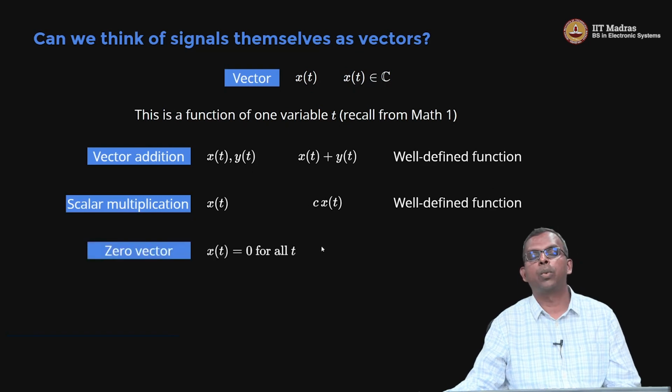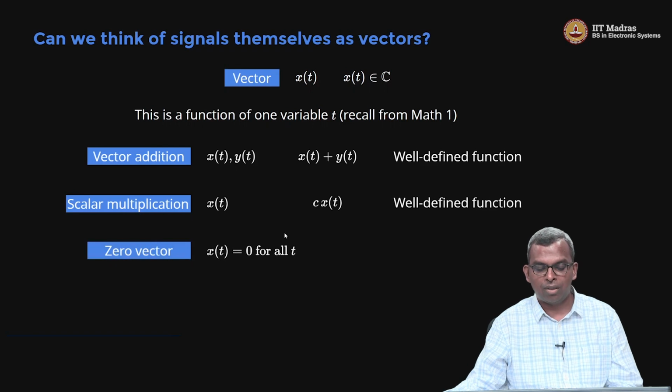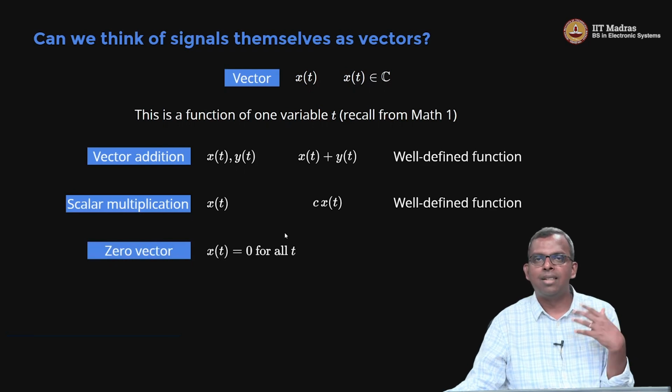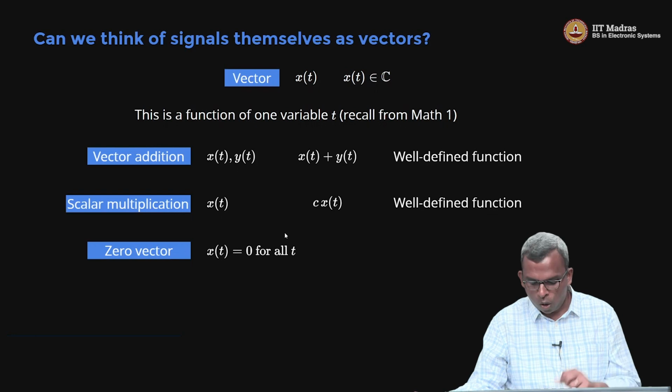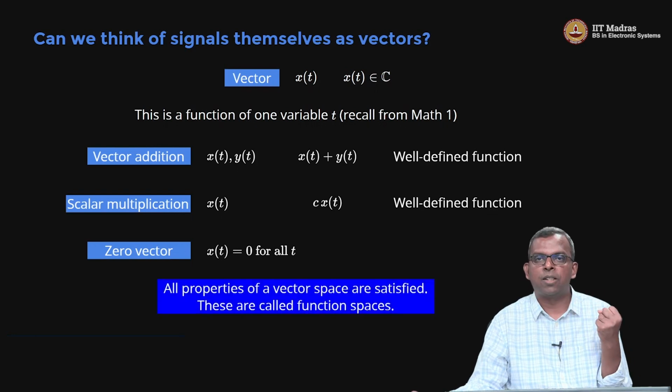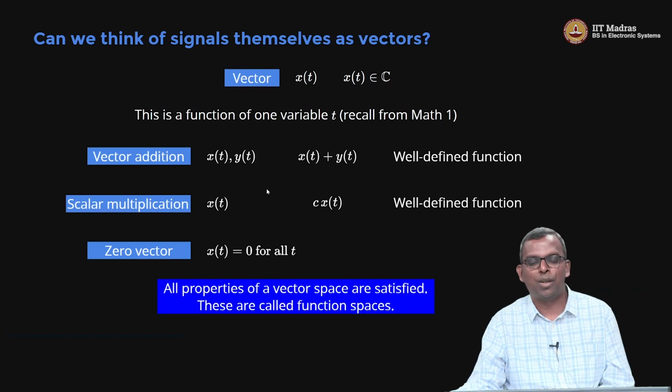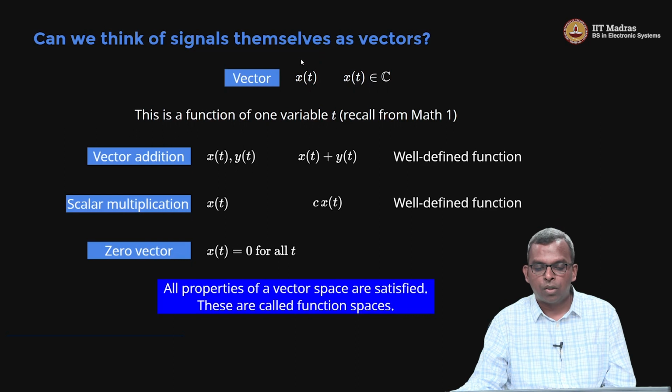And there is also a 0 vector, right. So, the 0 function which assigns 0 for all t is the 0 vector, okay. So, all the properties that you expect from a vector space are easily satisfied. If you want to go axiomatic in your definition, the axioms are all satisfied. So, you can think of a collection of functions also as a vector space in that sense, okay.